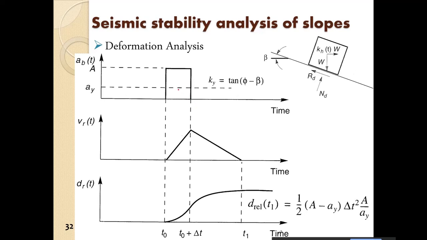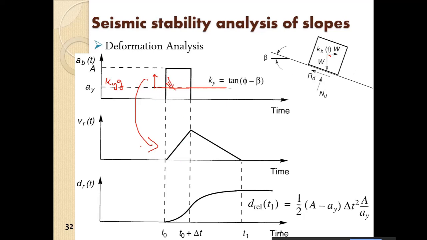Okay, so we have seen that if this value ay, which is equal to ky into g, is exceeded by the acceleration in the mass, that acceleration will cause a velocity development in the block. So the block will start to move. At what rate?